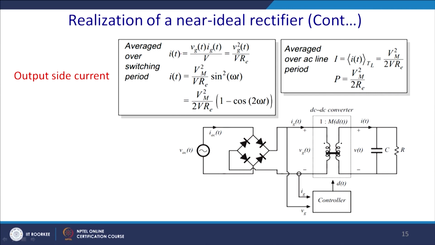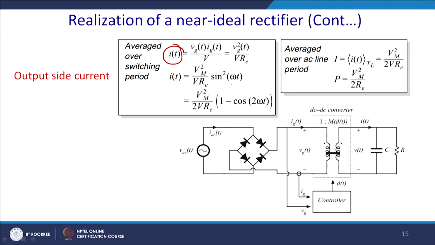So, the average value of the output current I(t) is given by Vg(t) into Ig by V, that is basically we can write it like V square g by V into Re, and for the period you can write V square m by V Re sin square omega t.